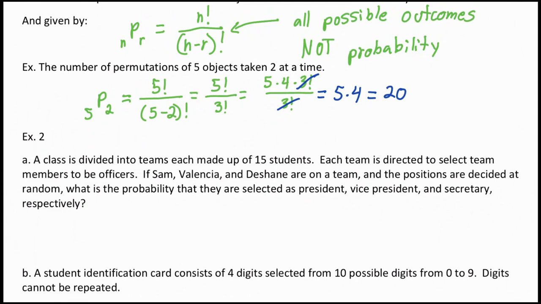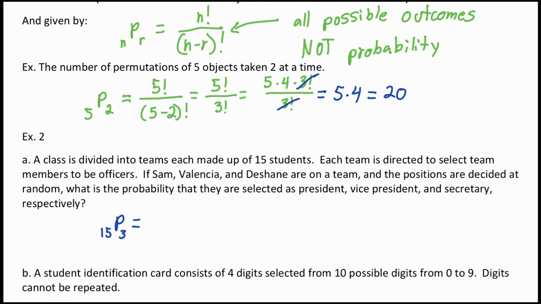So the first thing we want to figure out is how many options we have to begin with, right? So how many students do we have total? 15. And how many students are we picking at a time? 3, right? We're picking a president, a vice president, and a secretary. So this is going to be 15 and we're picking 3.